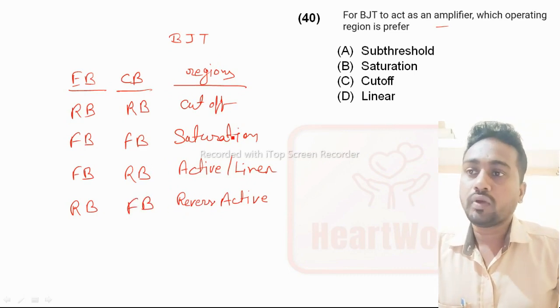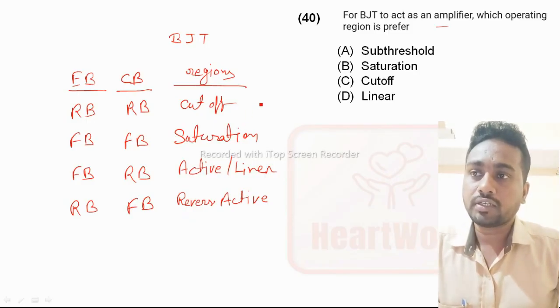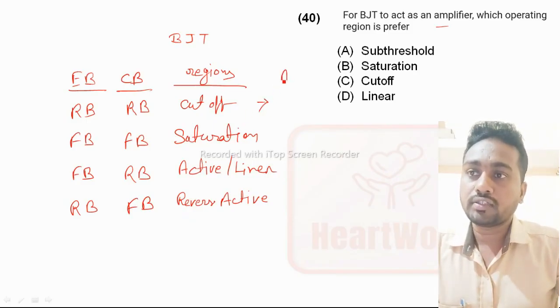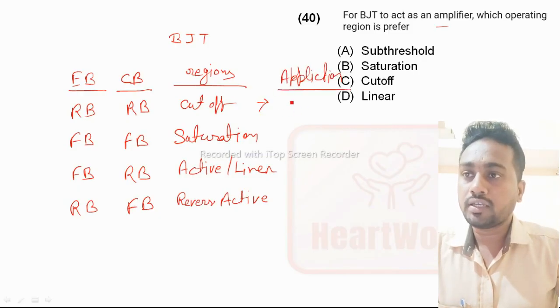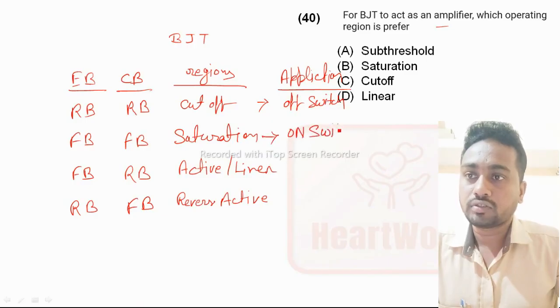So when a transistor is in cut-off region, let's see the applications. When it is in cut-off region, a transistor acts as an off switch. When it is in saturation region, it will work as an on switch.